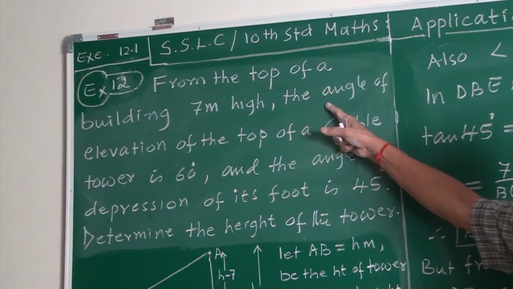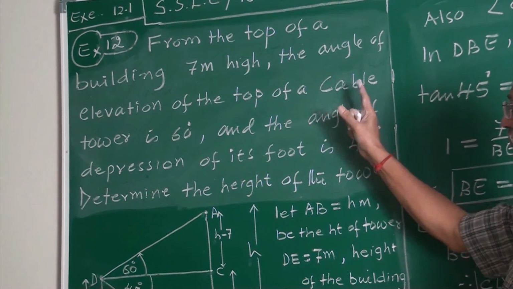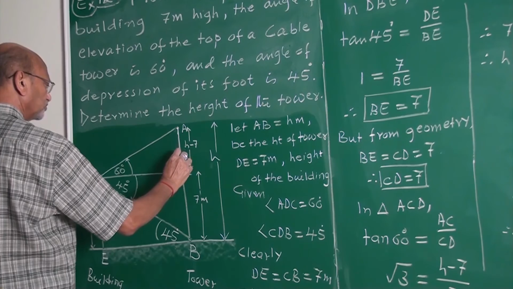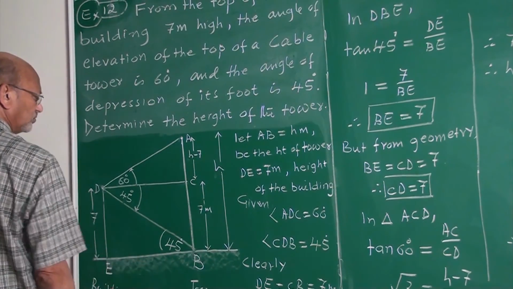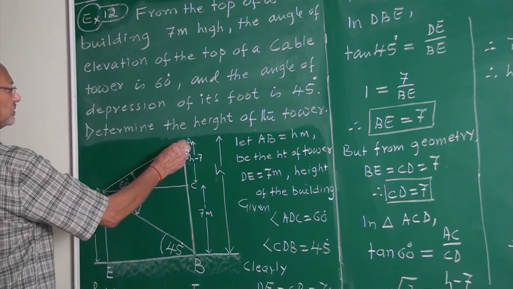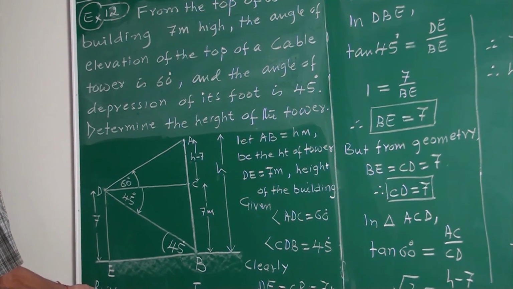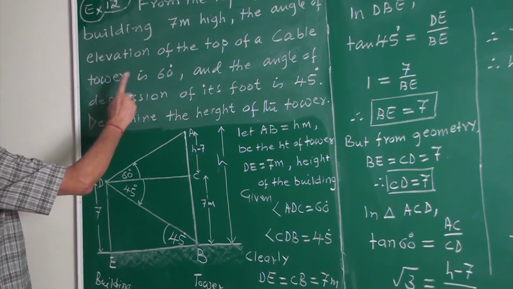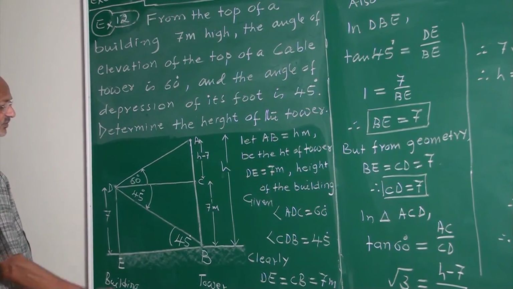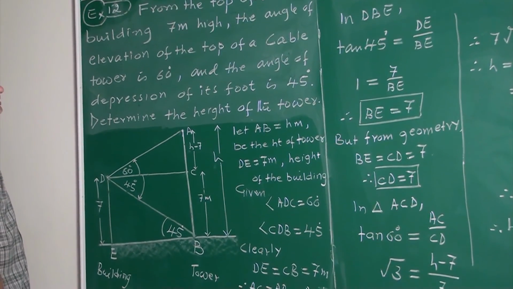From the top of a building whose height is 7 meters, the angle of elevation of the top of a cable tower, AB, is 60 degrees, and the angle of depression of its foot is 45 degrees. Determine the height of the tower.